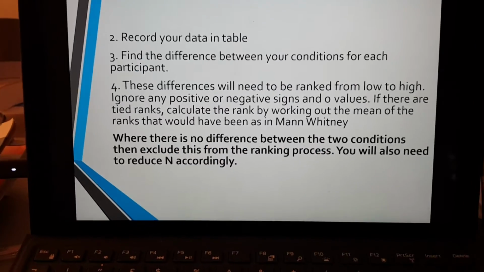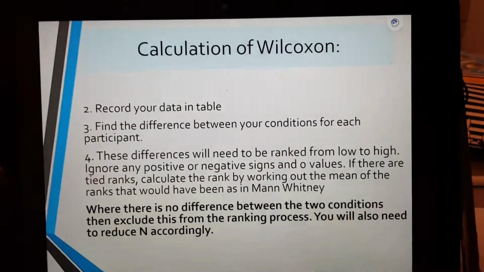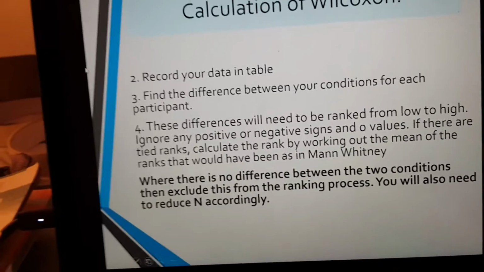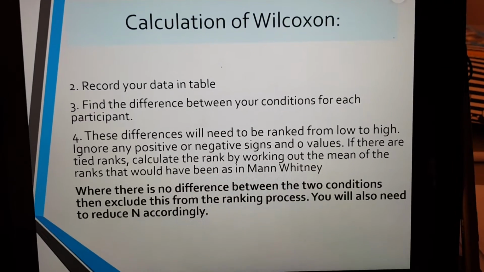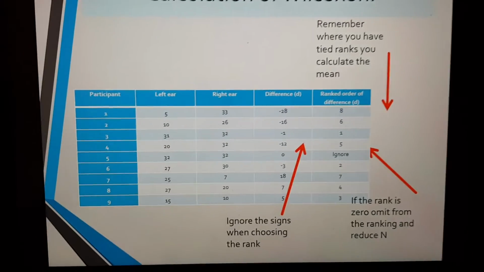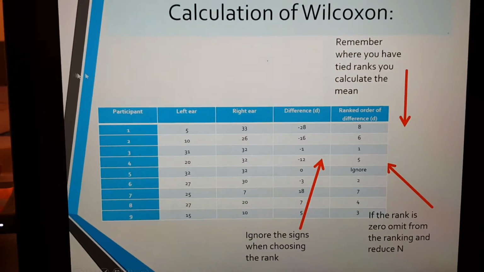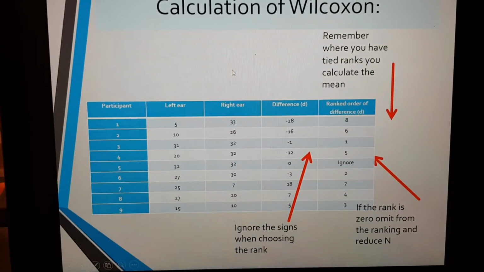So your next job is to calculate your observed value. You need to construct a table which looks something like this. We've got our raw data in these first two columns here.